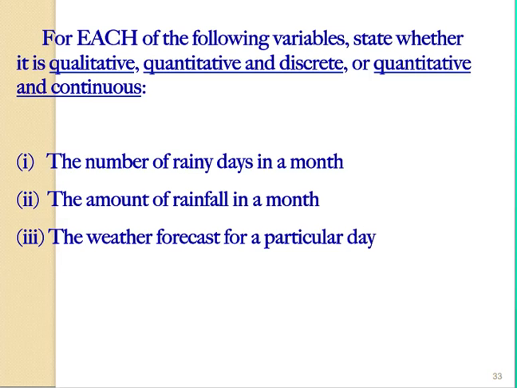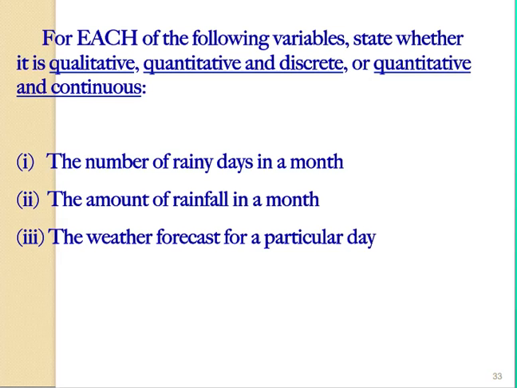So here's a question now. For each of the following variables, state whether it is qualitative, quantitative and discrete, or quantitative and continuous. The number of rainy days in a month. That would be quantitative because it's the number of, so that's a number. Now is it discrete or continuous? That would be discrete, something you count.